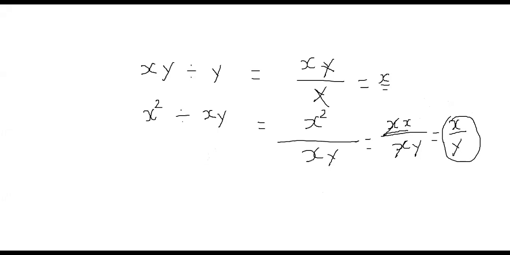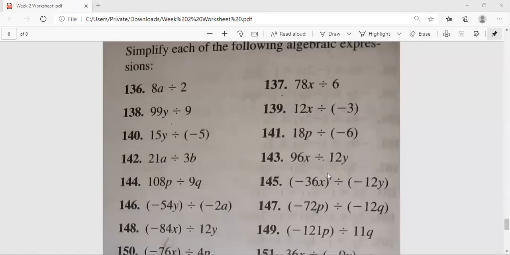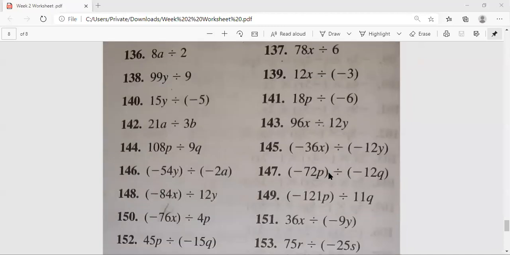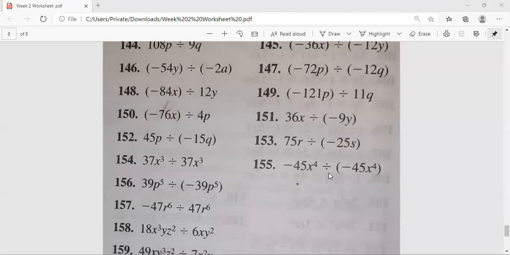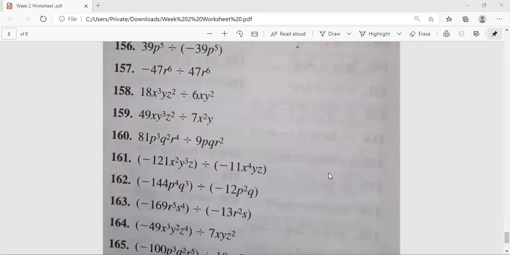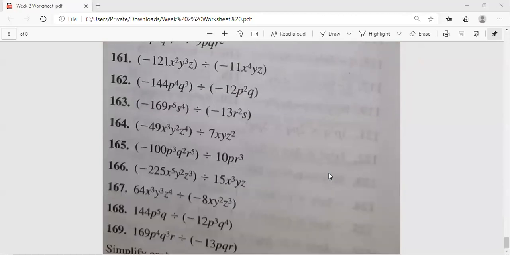Let me see if I can stop share screen. All right, give me a minute.